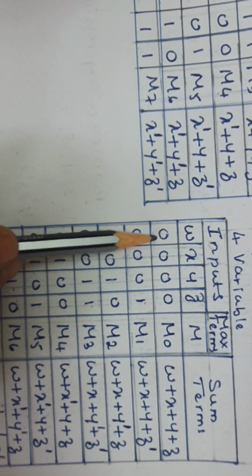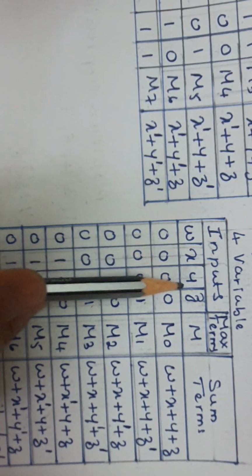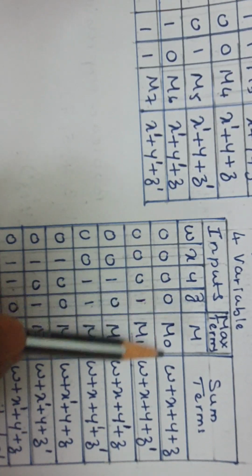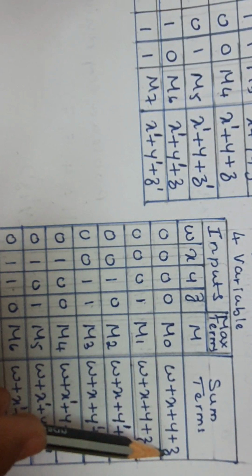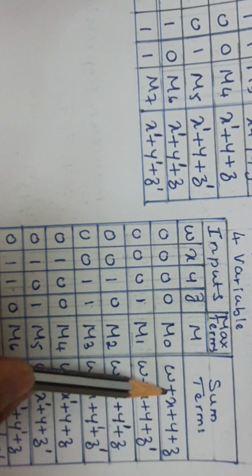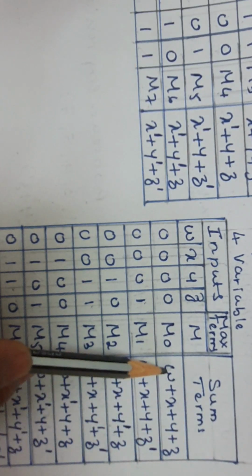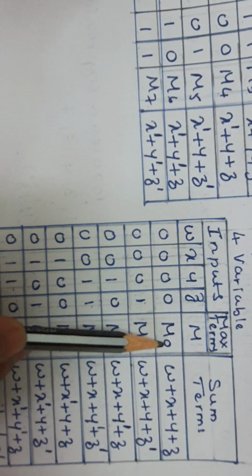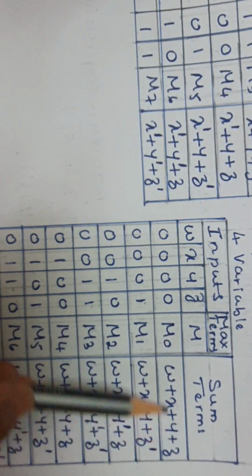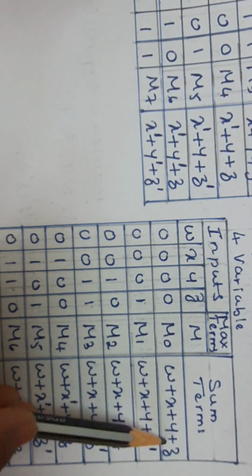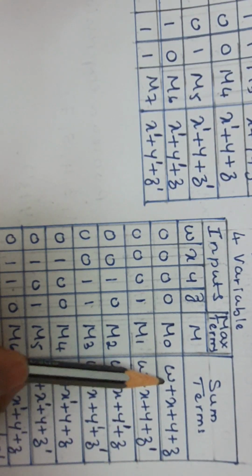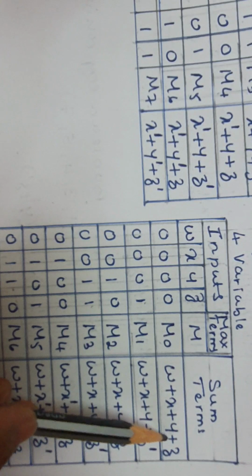When w, x, y, z are all 0, then w, x, y, z are written as they are in between plus sign, because we have to obtain m naught, that is max term. It will be a sum term. So here we are using plus sign, which means logical ORing. We read it as w plus x plus y plus z.